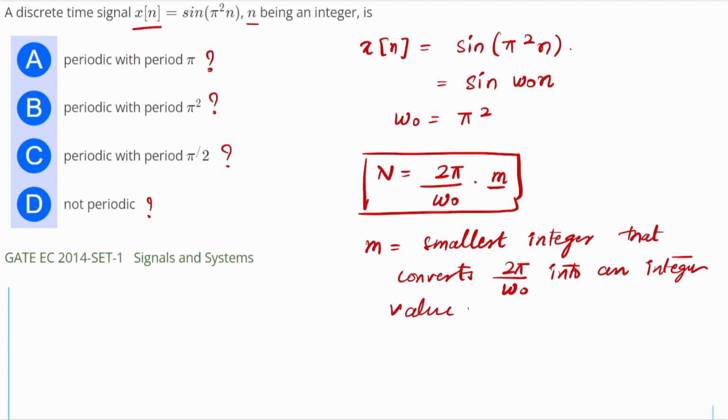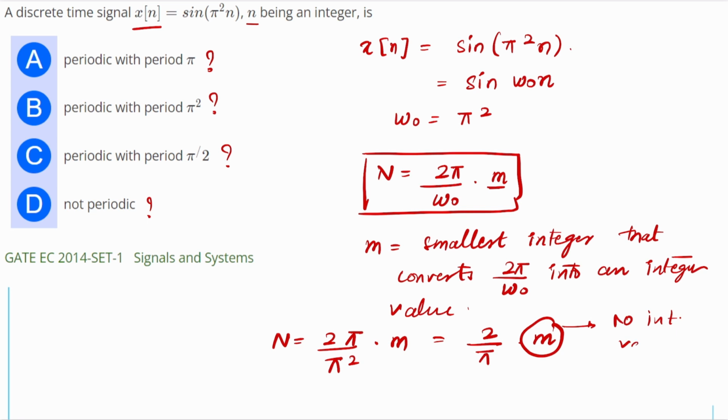So we have to find that value of m. So n is equal to 2 pi by omega naught, which is 2 pi by pi square into m, so it will be 2 by pi into m. So there is no integer value possible here in this case, because pi is not an integer, right?